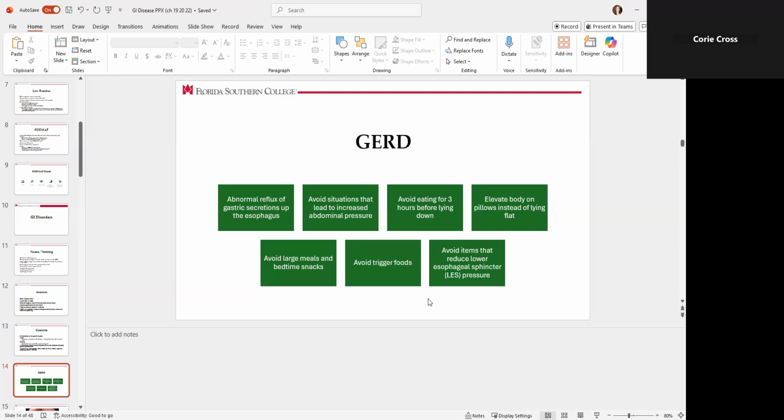Drug therapy might be used, and then potentially surgical intervention. Eliminating anything that can contribute to the GERD can be beneficial in reducing symptoms, as well as elevating the head of the bed, lying on the left side when sleeping, and then weight loss.